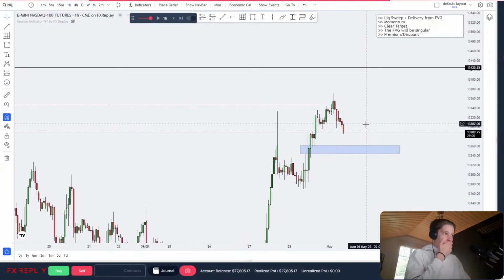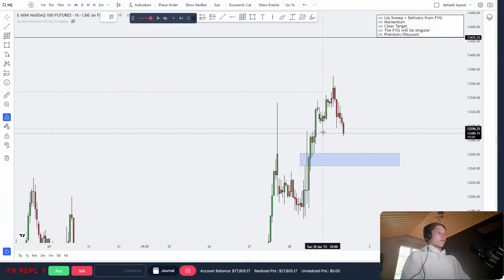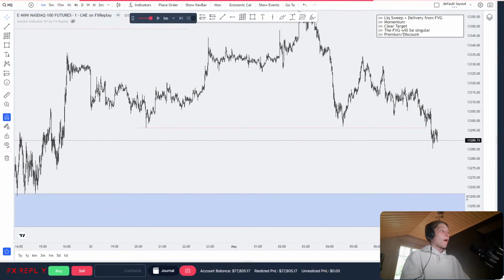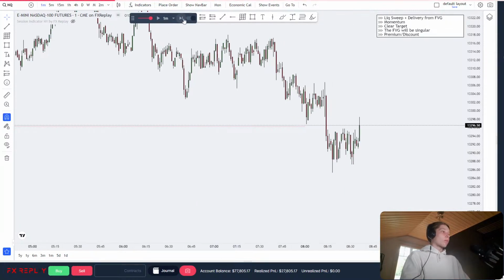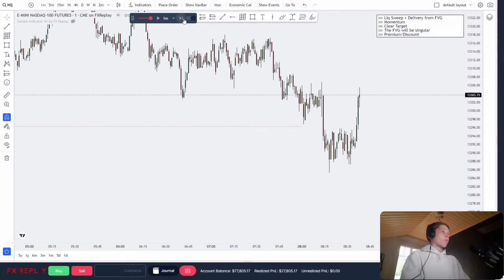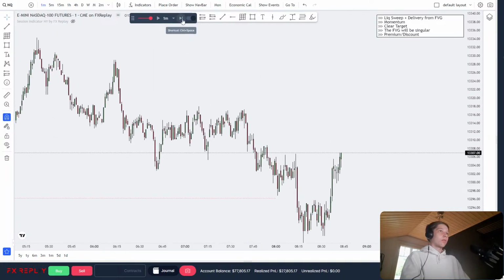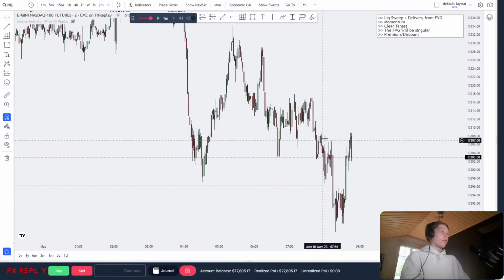So that's the first requirement for price. Equal lows swept here, so we are sweeping sell side heavily. If you sweep a nice amount of buy side here and flip bearish, I'm looking to go short anyway.